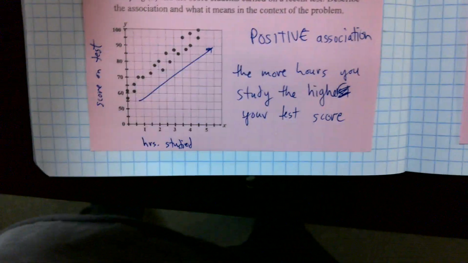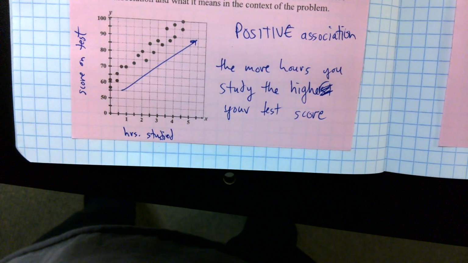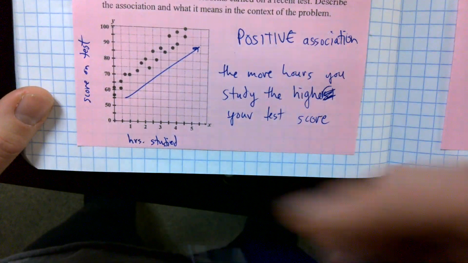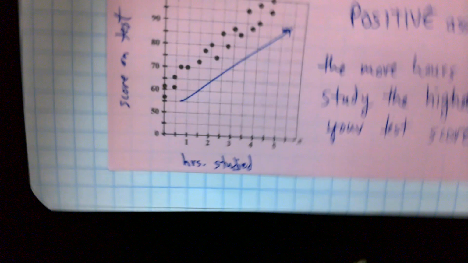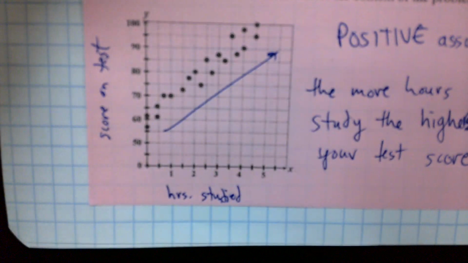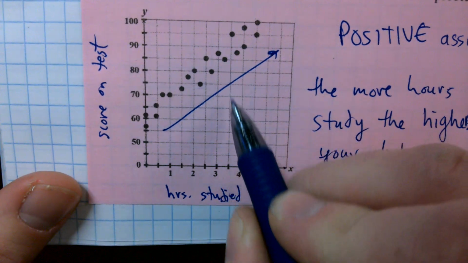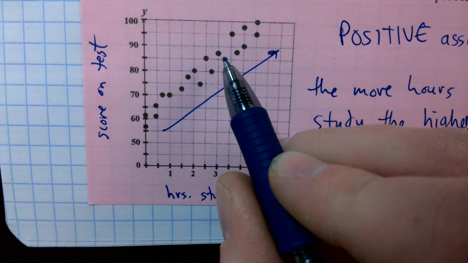Now, when we're describing this association and explaining what it means, it's not a 100% true statement necessarily. If you take a look, this person right here, I'm going to zoom in, it's not a surefire thing. This person right here studied for 3¼ hours and got an 85%.